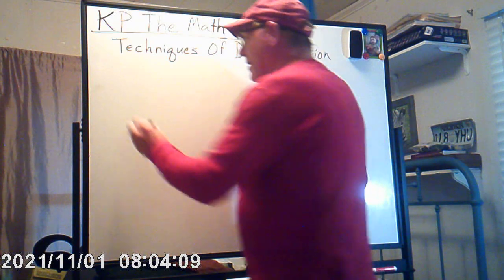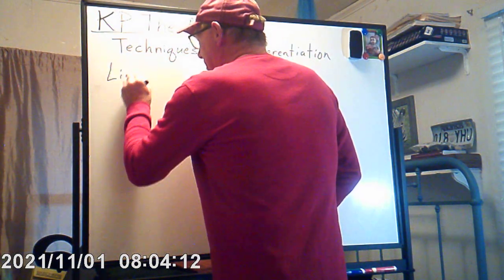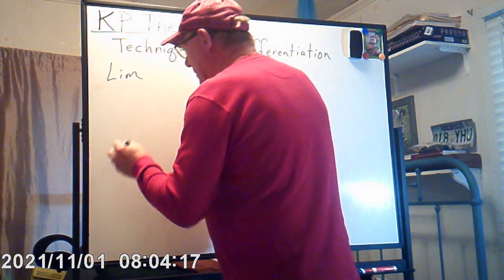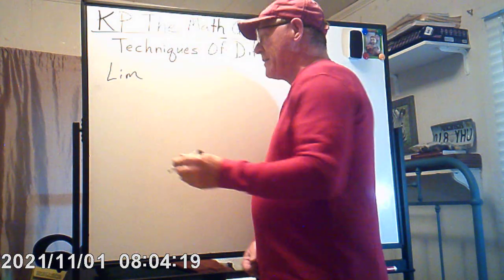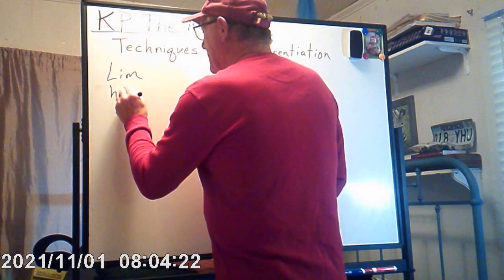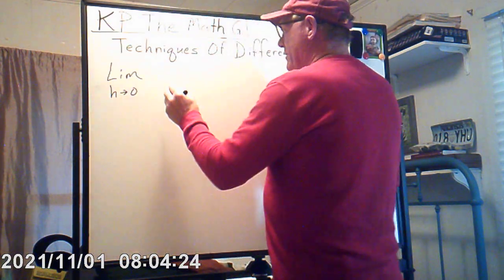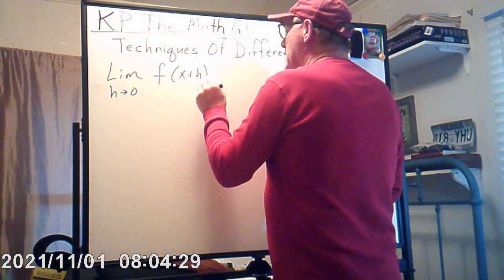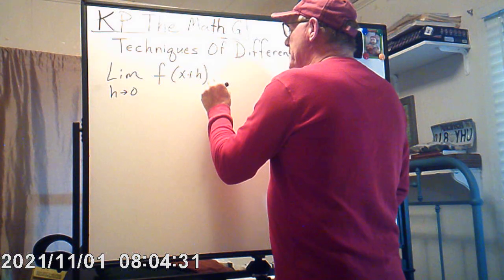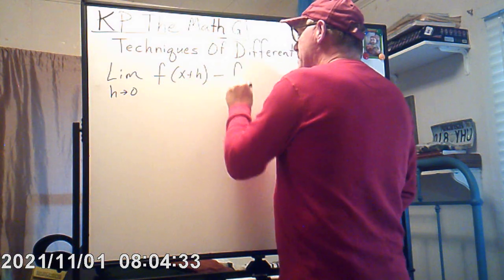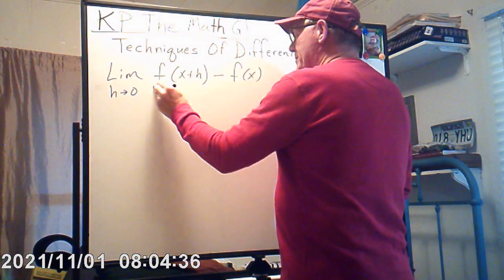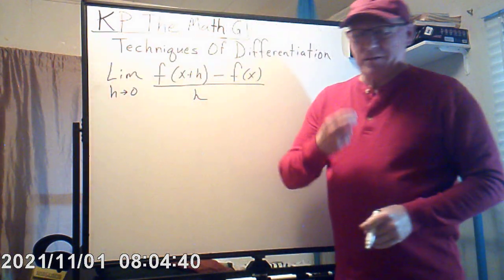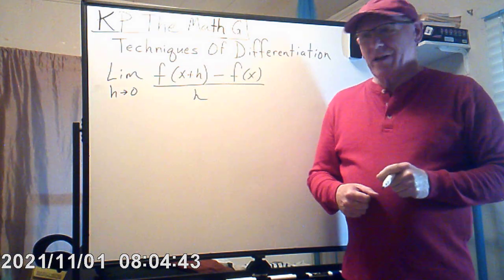Remember that last time we said that we can find the derivative of anything through a limit if the limit exists. So we would have something like f at x plus h minus f at x, all over h. That's the long way around, is what I said in my last video.